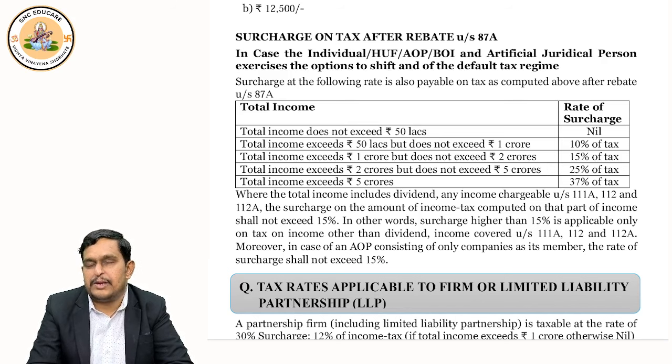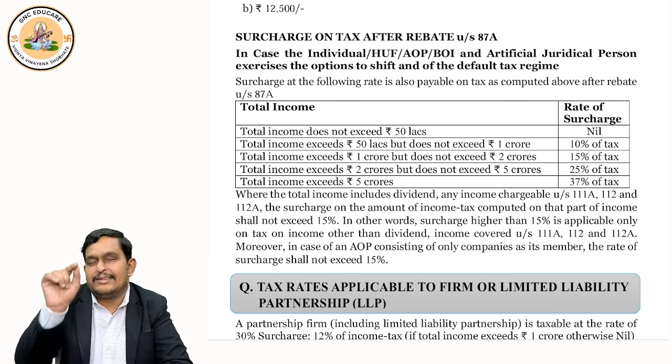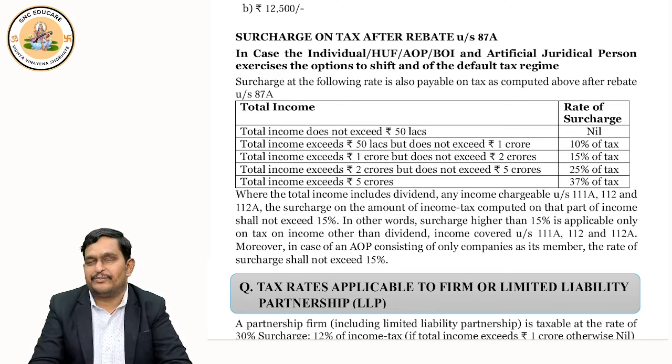Then 2 crores to 5 crores, 25% surcharge, correct? So 25% surcharge is not on 2.5 crores, but on tax computed. On the tax, you will apply 25% surcharge. And finally, if your income is more than 5 crores, suppose 6 crores, then 37% surcharge.